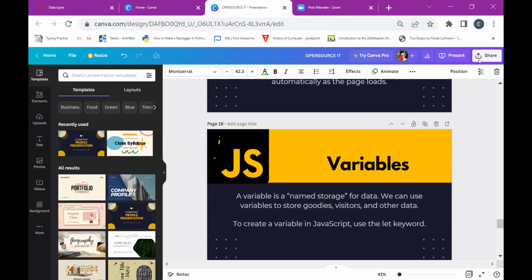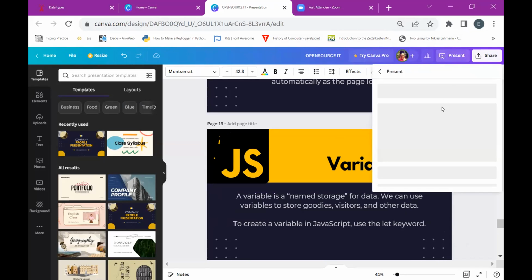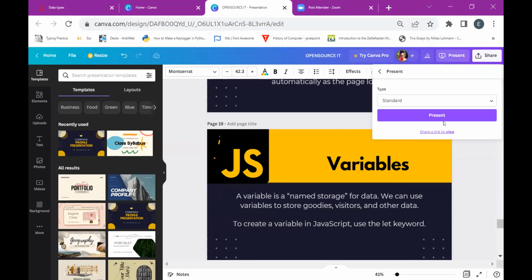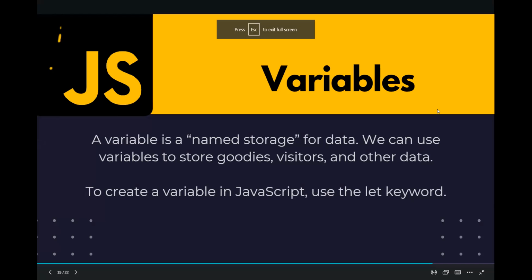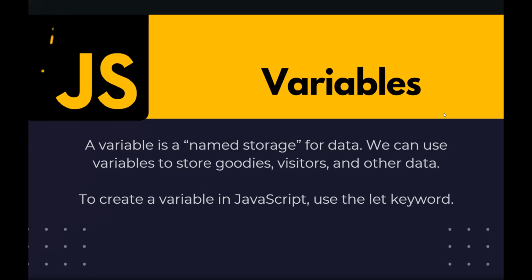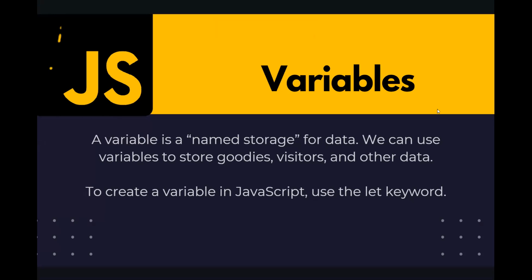So today we will start by learning some very key concepts in JavaScript and programming as a whole. This is a concept that you will find anytime, anywhere you write, anytime you're programming anything.